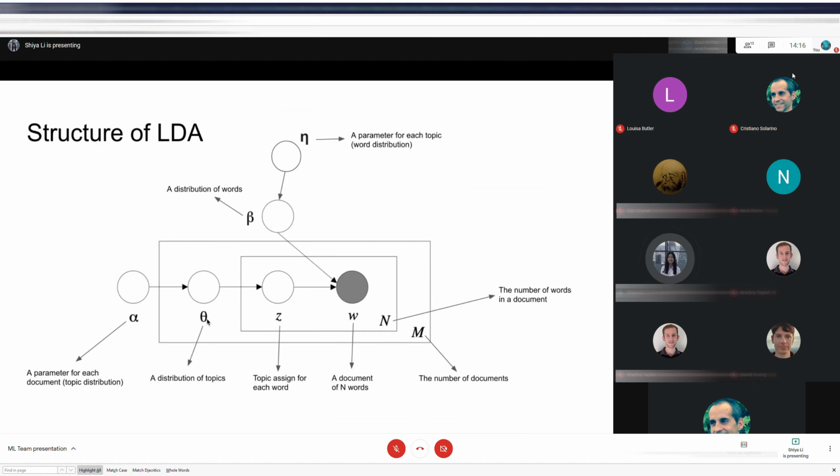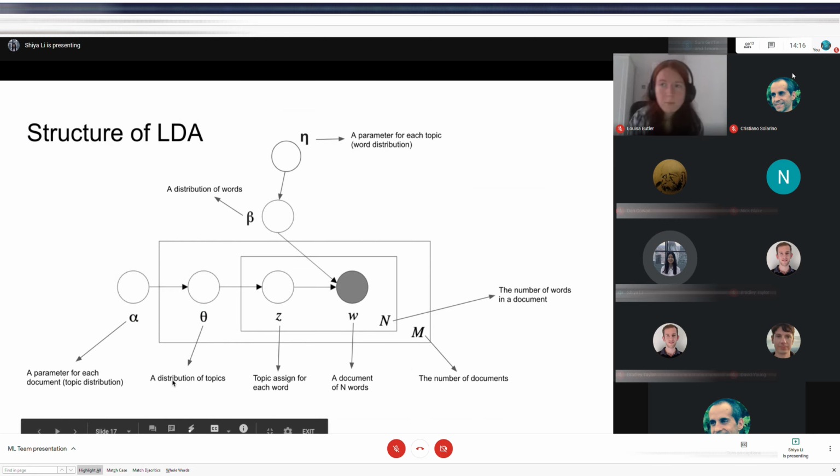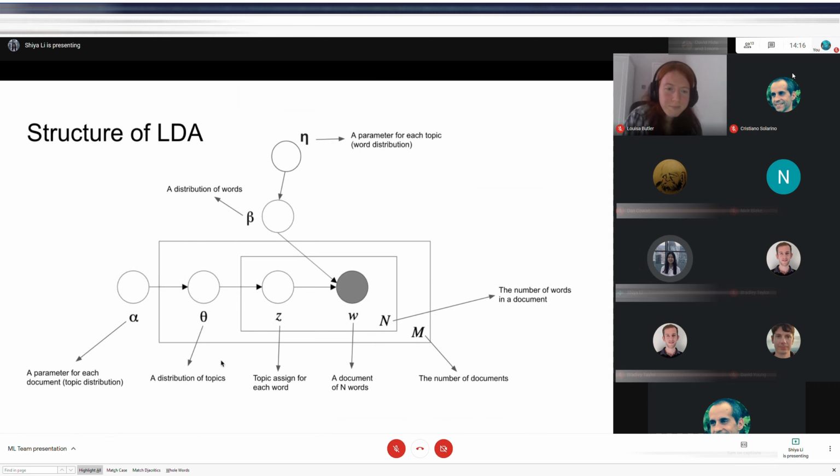Theta is a multinomial distribution that represents a distribution of topics. Then we have already initialized a distribution of topics. We use that to assign topics to each word, but it's just randomly assigned. We don't know whether it's correct or not.